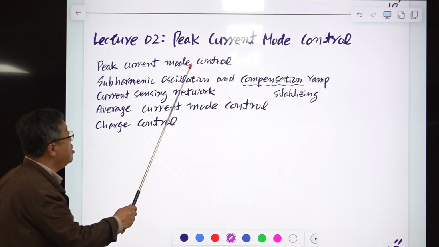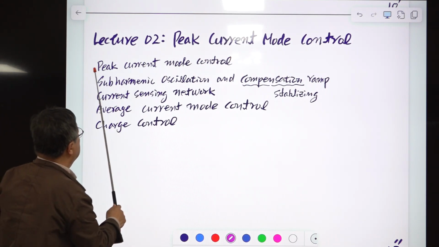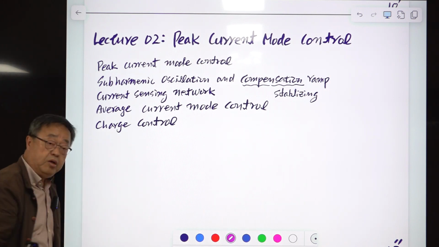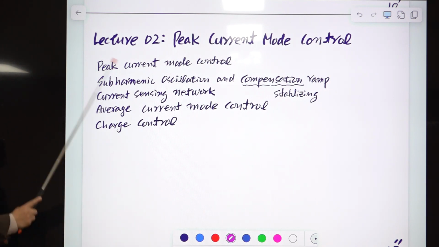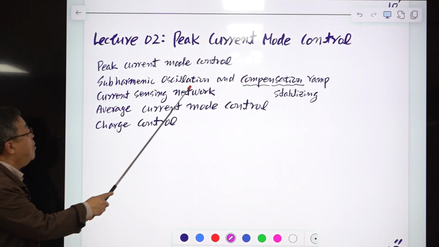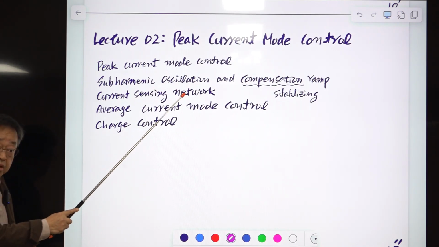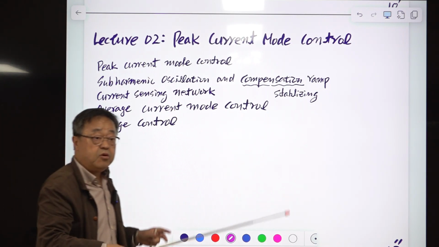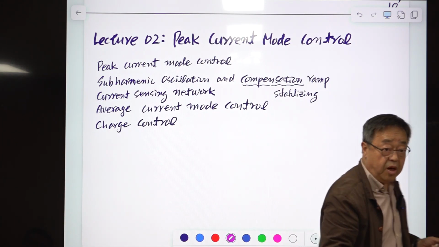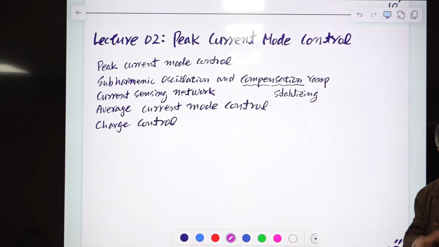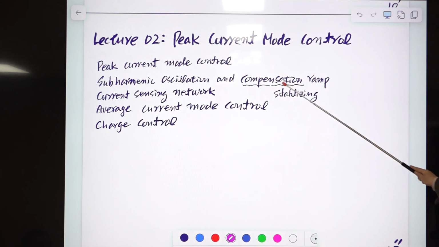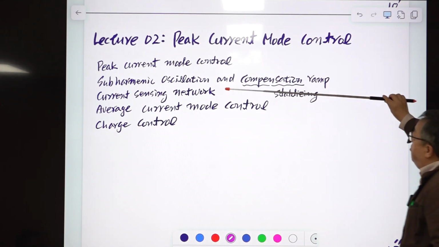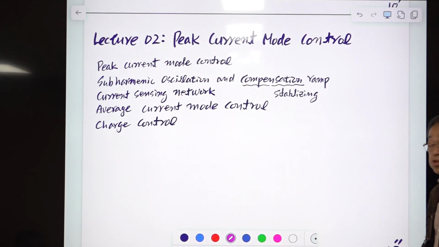We'll first explain the details about it, and we'll investigate subharmonic oscillation by simulation without external ramp, without compensation ramp, when the duty ratio is larger than 0.5, and we perform the simulation at the same condition with this compensation ramp. So we'll see the stabilizing effect of this compensation ramp by time domain simulation.